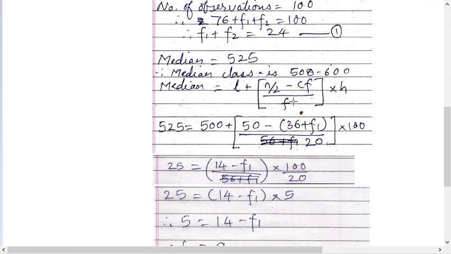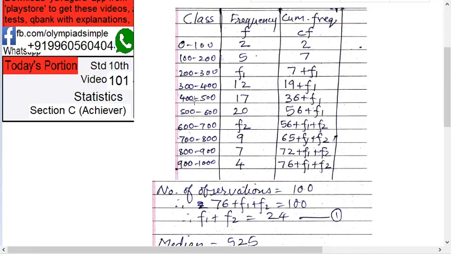Minus Cf. Now Cf is up to, not even including, that class interval which is in question. So we are working on this 500 to 600, so Cf will be earlier than that, means up to 400 to 500.